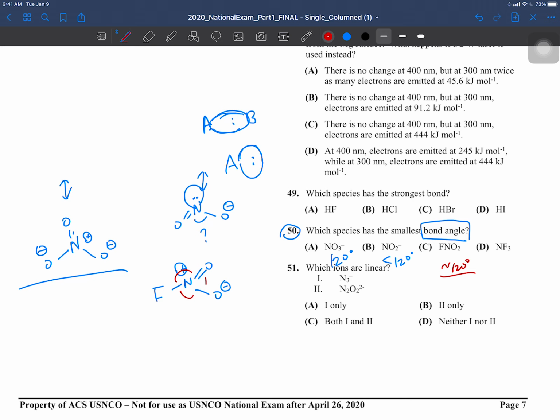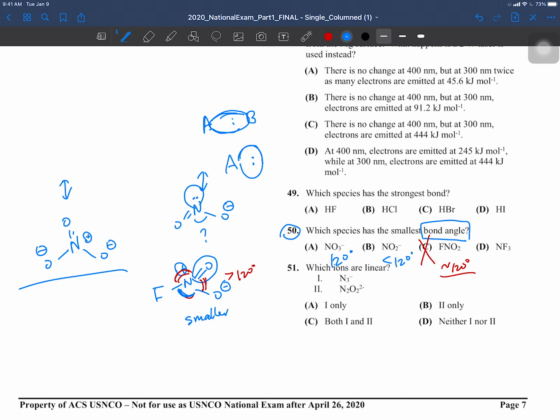And this bond angle is supposed to be slightly smaller because the double bond is fatter, right? And these 2 bond angles are supposed to be slightly greater than 120, but the average is around 120. So based on this, I will say C is definitely not the right answer because we don't even know which bond angle we are talking about.